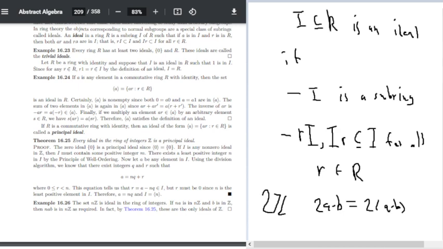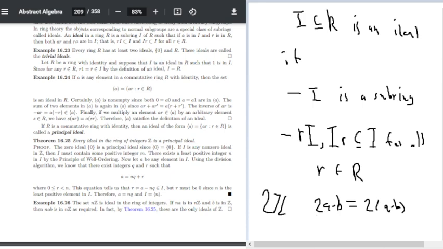We could generalize this to arbitrary rings by defining it to be the set of all ras with r, s in R. But the important thing to note here, in this example, is that this is the ideal generated by 2, because any element can be written in the form 2a, which is just saying that we take the set of all integers such that it's 2 times that integer.